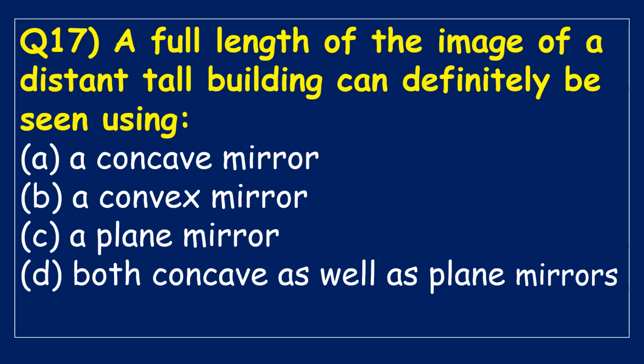Next question. A full length image of a distant tall building can definitely be seen using. See, there is a clue for you here. If you want to see a full image of any object, that image should be made smaller than the object.